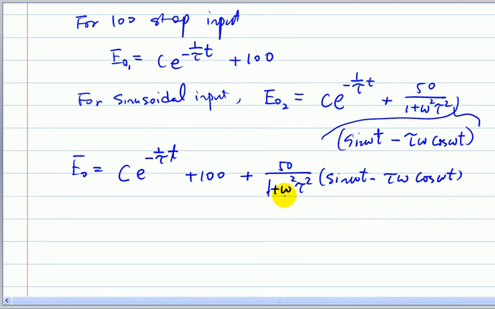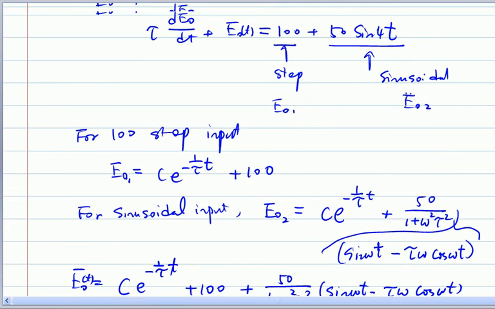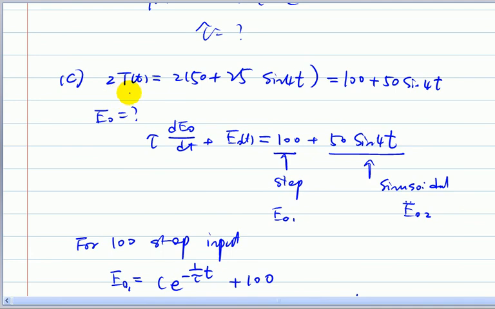Now, what will be the value of C? The value of C depends on the initial condition, as we said. So what will be the initial condition? The initial condition means what's the E0 value at t equal to 0. That's basically equal to the input at 0, where it's this guy here.